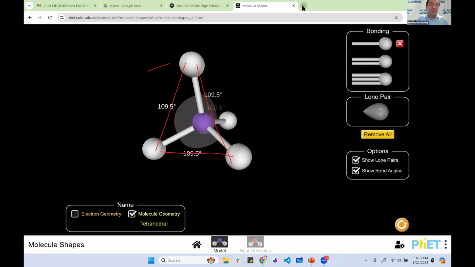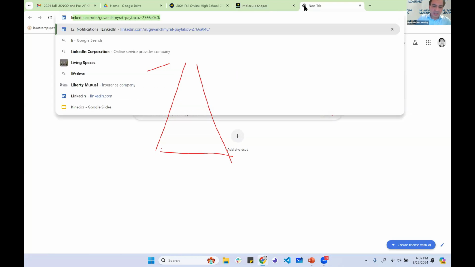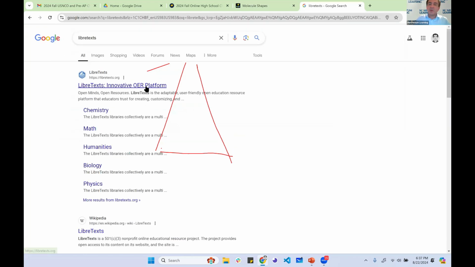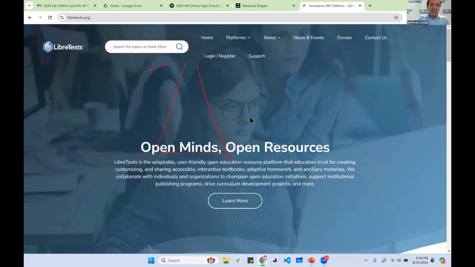For example, I will be also using a free online chemistry textbook as well. It's called LibreTexts. So you are not limited to using these. You can purchase a hard copy textbook as well, but it's already there. Anything that you want to learn about chemistry, it is there.